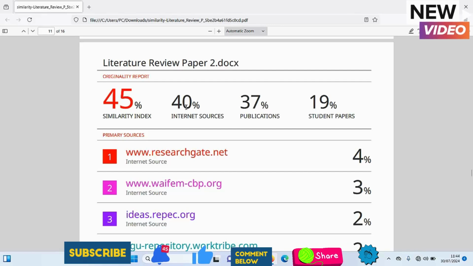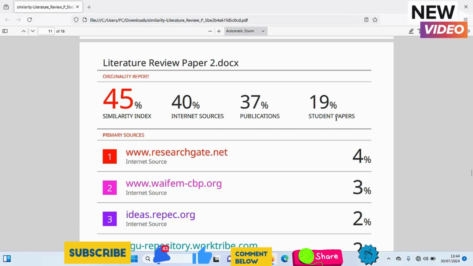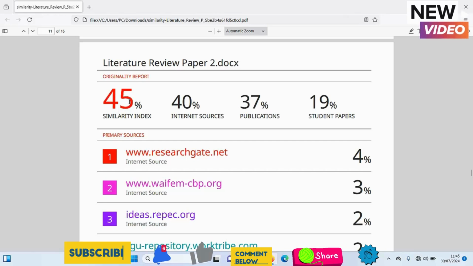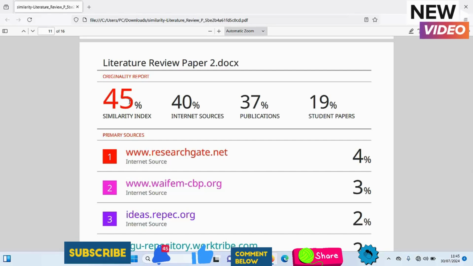But these internet sources, publications, and student papers should not be your focus. You should focus on this similarity index because it is the overall rate. So the goal is to either remove this 45% or reduce it to maybe 15% or 25%.